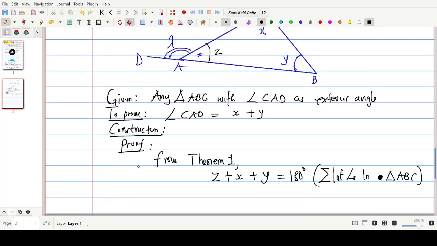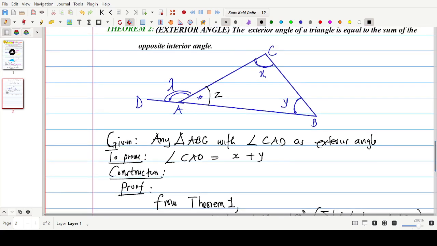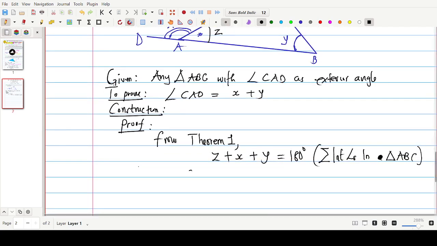Then also, in the first series of this geometry video, we have established, or it is an axiom, that the sum of adjacent angles on a straight line is 180. And in this case, the adjacent angles here are lambda and Z. All right, so I can say that also lambda plus Z is 180 degrees.